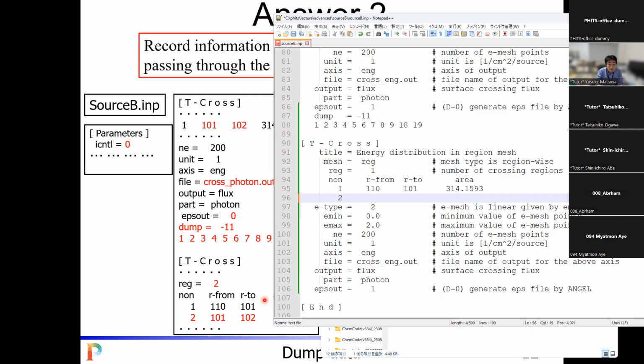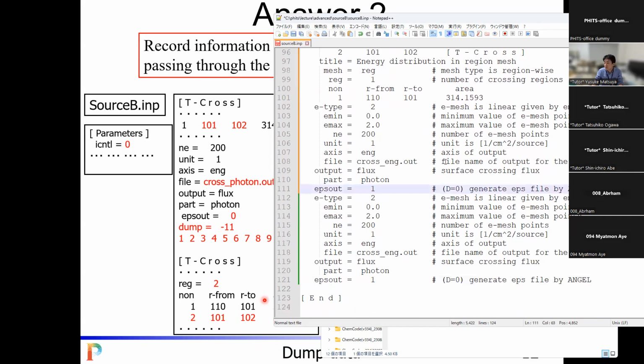So from what to what? From 101 to 102. 101 to 102. Maybe it's better to copy and paste. Oh.